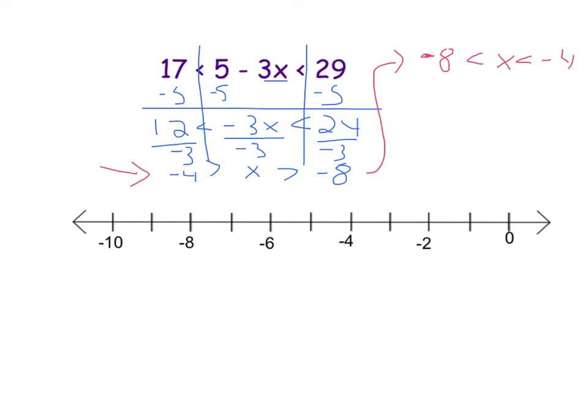I will definitely circle it. You need to make sure that it goes in numerical order. So when you are graphing it, the solution has to be between negative 8 and negative 4. And we're going to leave those open circles because it's not a less than or equal to or greater than or equal to.